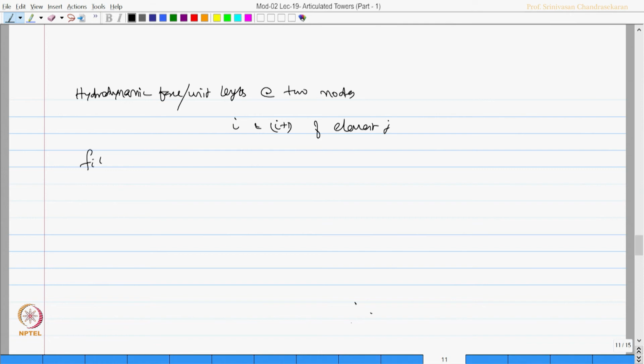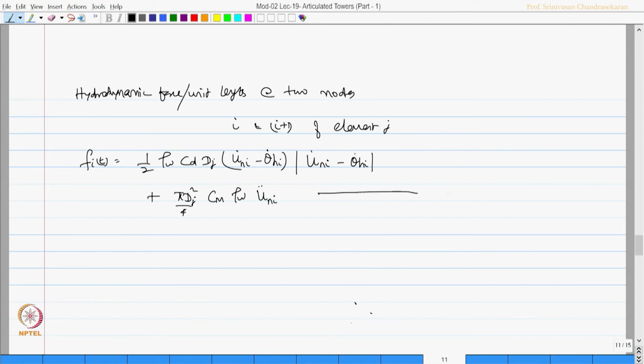So, f_i of t will be half rho_w C_d d_j times absolute of (u dot n_i minus theta dot h_i) into (u dot n_i minus theta dot h_i) plus pi d_j square by 4 C_m rho_w u double dot n_i. Let us call this equation number 11.